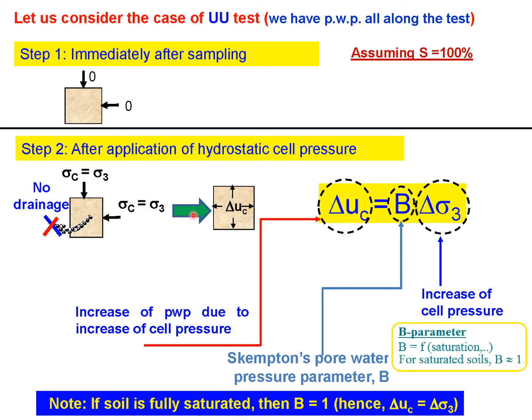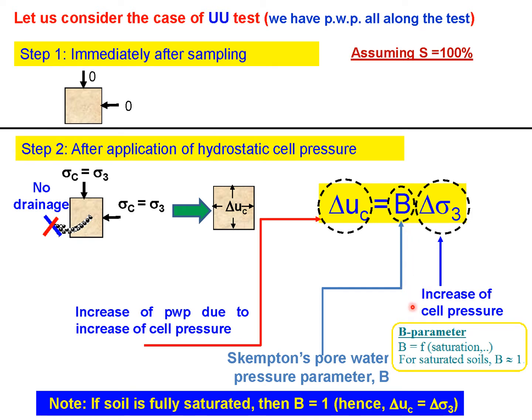So you can see that delta U sub C is equal to B into delta sigma 3. So this one is the increase of pore water pressure due to increase of cell pressure. This is the increase of cell pressure, and this B is the Skempton pore water pressure parameter.